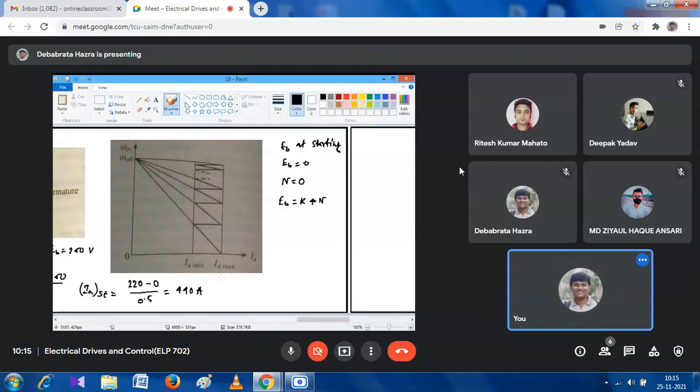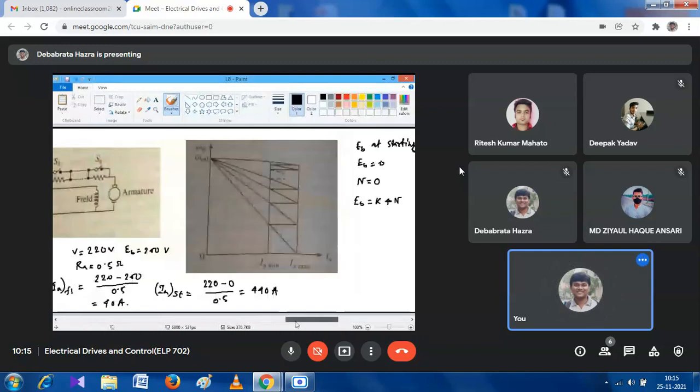So by adding resistance in the armature path, we can reduce the starting armature current. Yes, sir. At the time of starting, we have to insert the resistance in the path of the armature.